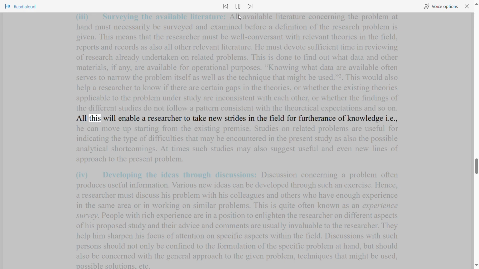All this will enable a researcher to take new strides in the field for furtherance of knowledge, i.e., he can move up starting from the existing premise.